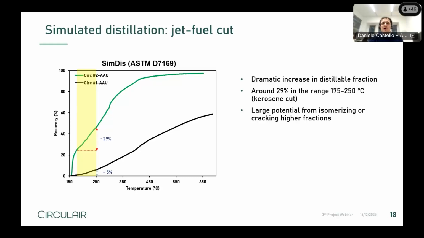At the same time, we still have a large part of the oil in the higher boiling point fractions that could potentially undergo hydrocracking or isomerization treatment to increase even more the part of jet fuel compliant compounds.